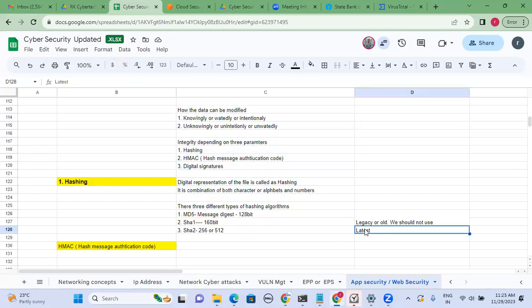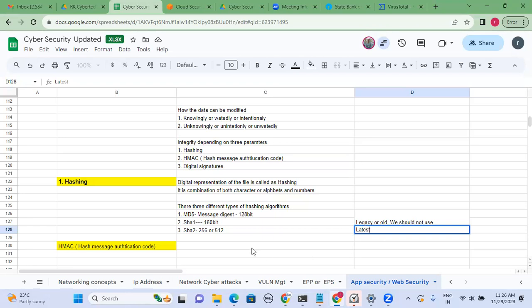So I'm changing or altering the data. Now that particular message has some authenticity code in the backend. Who has done this change? RK has done the change or Ramakrishna has done the change. That particular thing can be represented as a hash message authentication code.